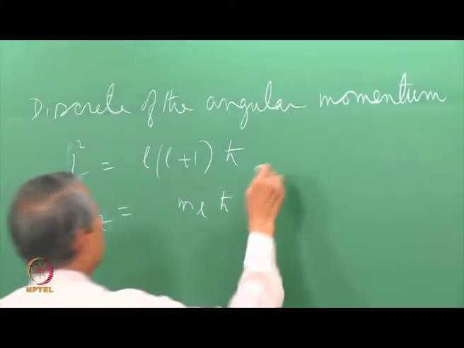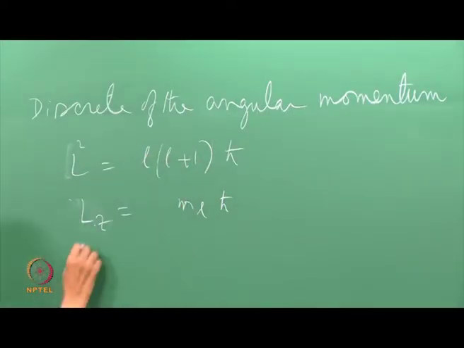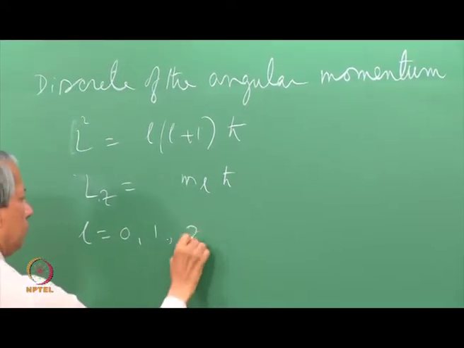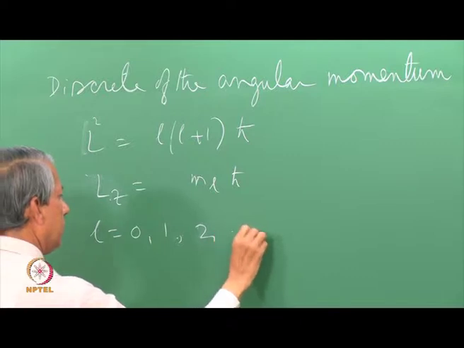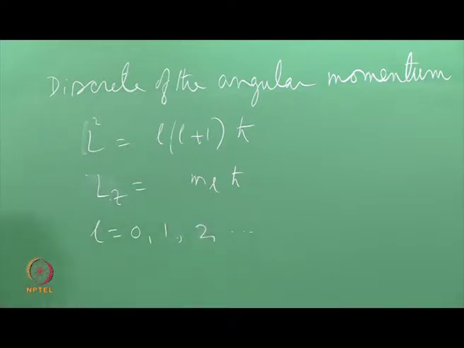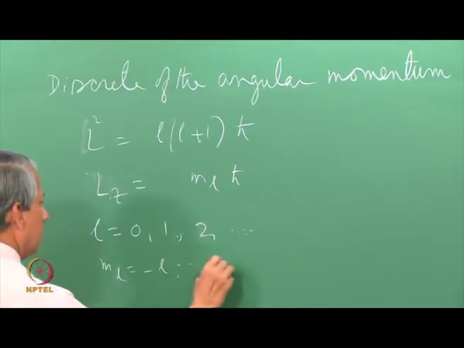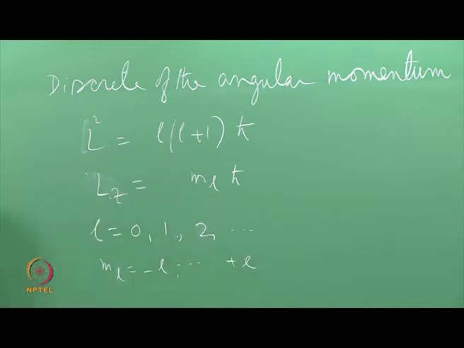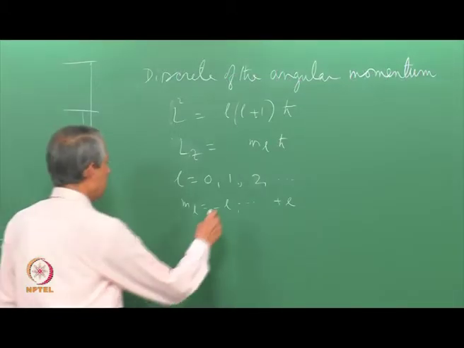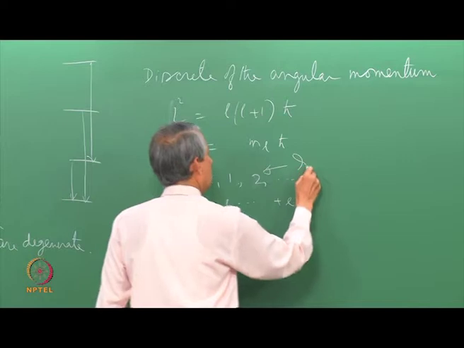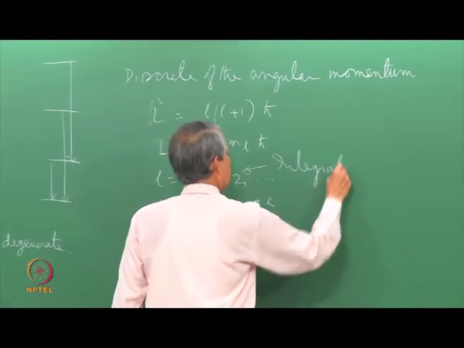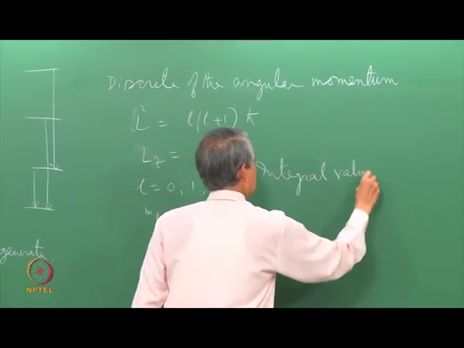Here the value of this small l has to have this type of values. Similarly, m_l will take values from minus l to plus l, changing in units of 1. The important point to notice here is these are all integral values.